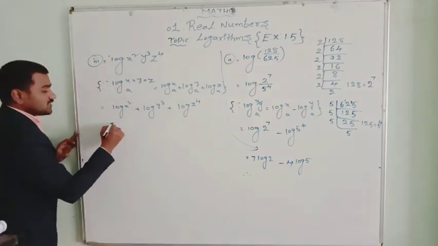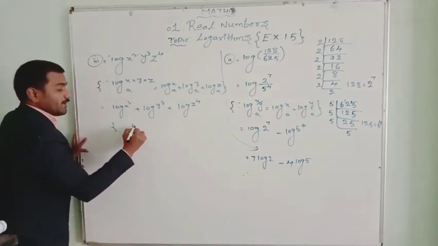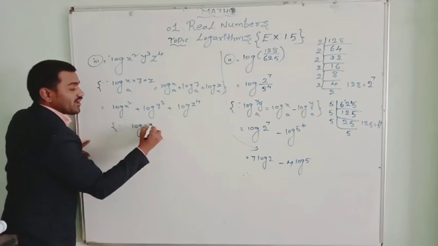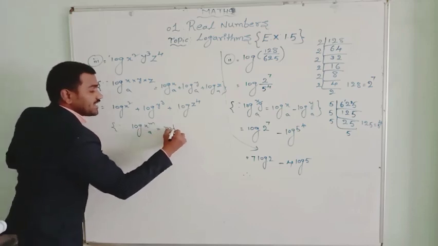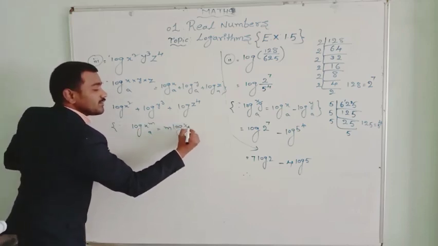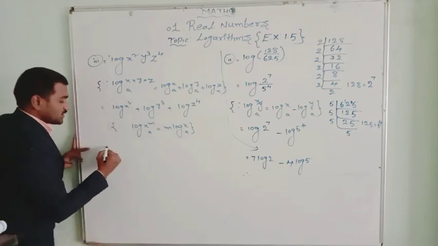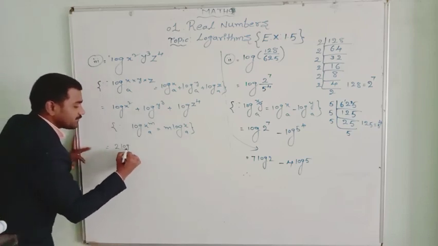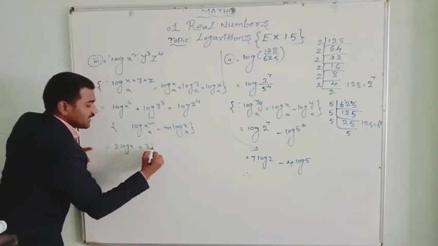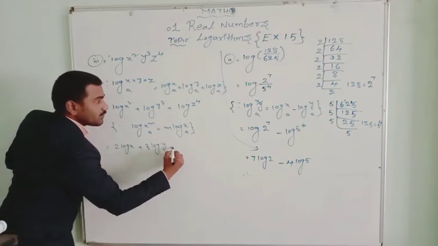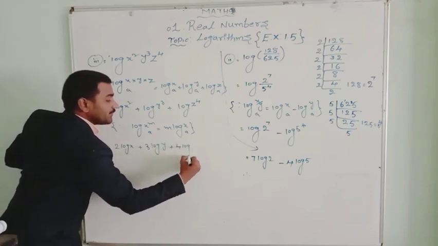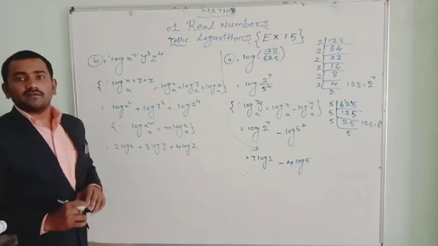So again it is in the form of a power formula. Log x to the power of m base A equal to m log x base A. So it comes like 2 log x plus 3 log y plus 4 log z. This is the answer. Very simple.